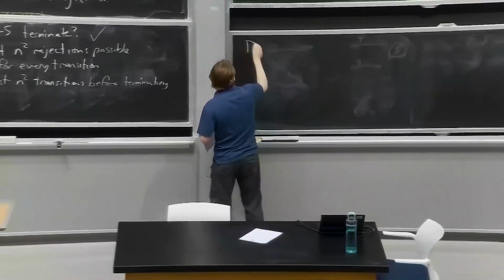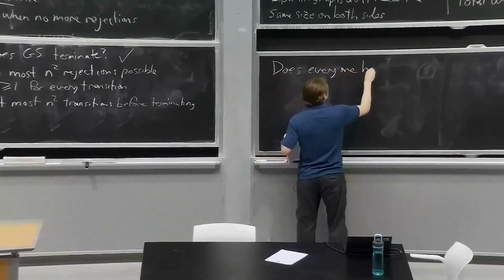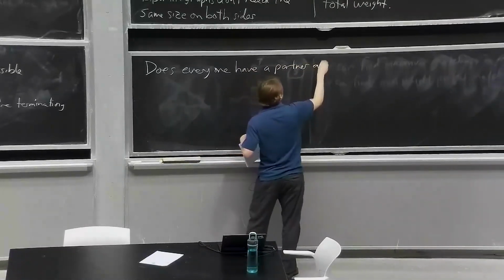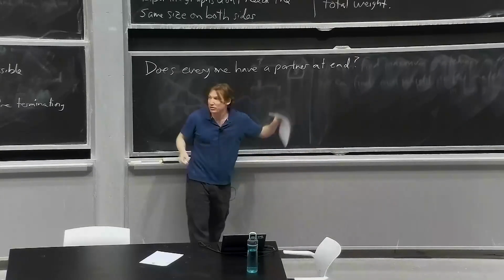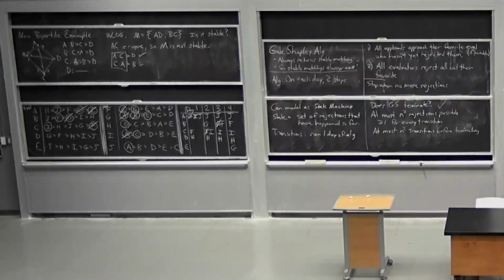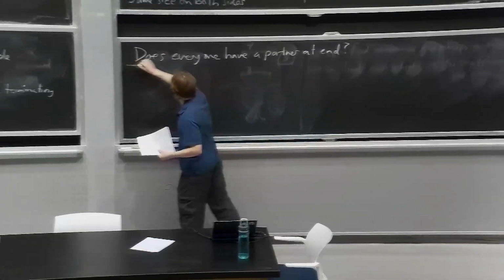All right. In the examples we've seen on the board, on the projector and on the board over there, we did end with an actual perfect matching. No one got rejected from everywhere. So is that true in general?